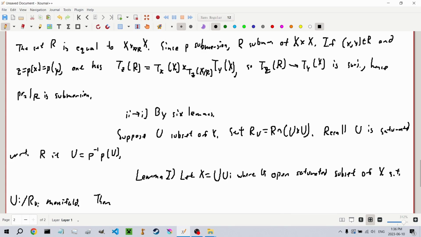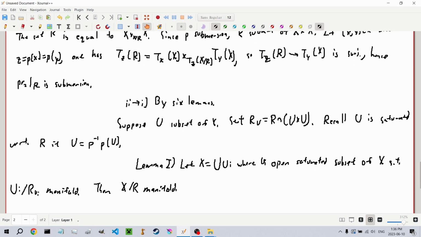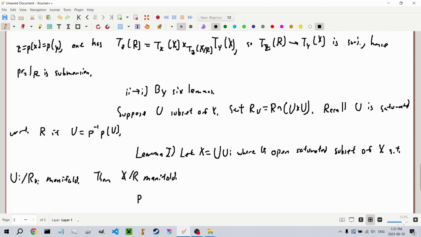Then X over R is a manifold. And the proof. By hypothesis, the map from each U_i to U_i over R of U_i is a submersion.